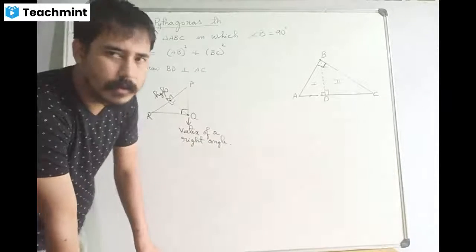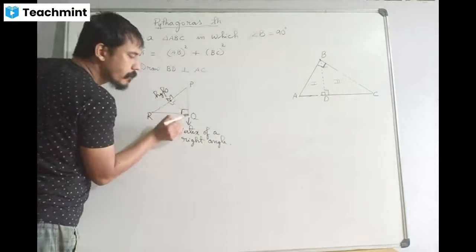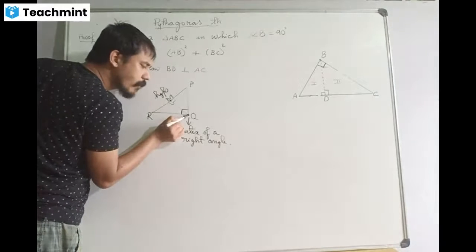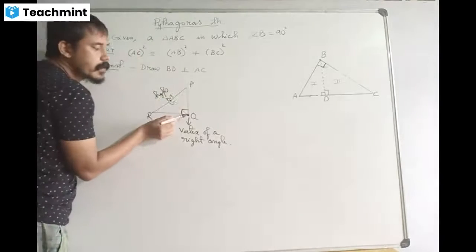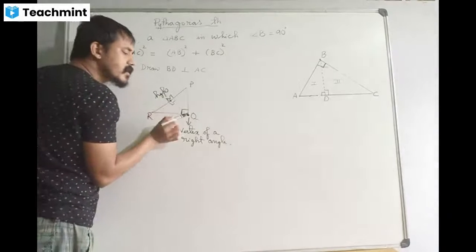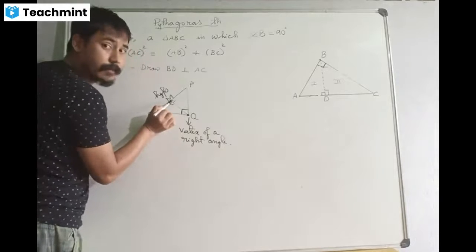Now you listen to me. If a perpendicular is drawn from the vertex of a right angle up to the hypotenuse, see, you have drawn the perpendicular starting from Q up to the hypotenuse, right?